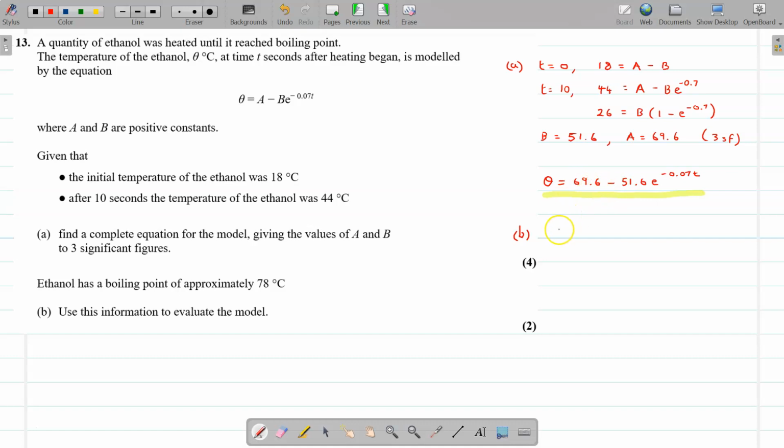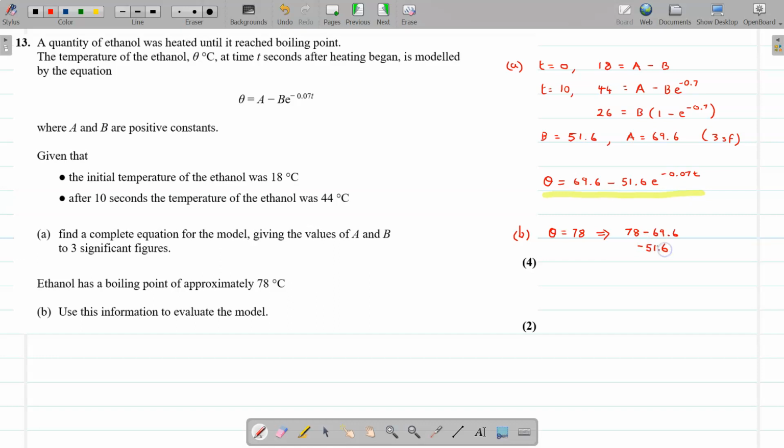So theta equals 78 implies that, now I'm going to subtract the 69.6, so I'm going to get 78 minus 69.6, and divide it by minus 51.6.